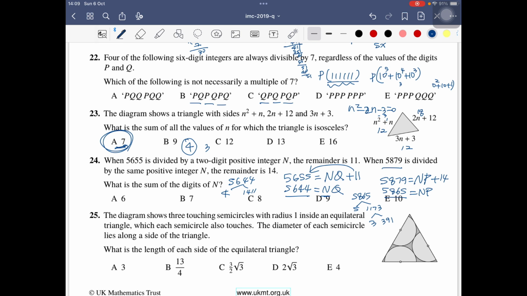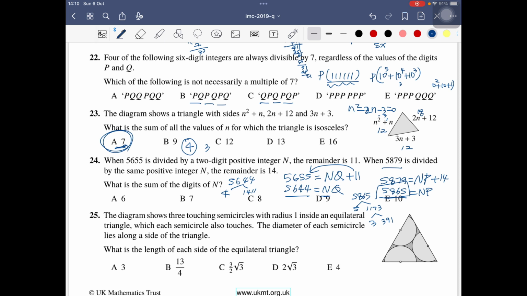So the numbers are not so large, so it should be found. Sum of the digits of n.